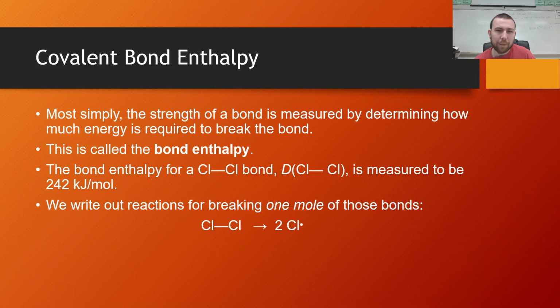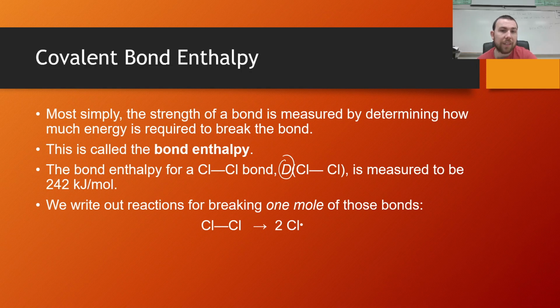For example, the bond enthalpy for a chlorine-chlorine single bond, which you'll find in the text represented by a D, is measured to be 242 kilojoules per mole. So 242 kilojoules of energy are added, and if it's a mole, it's going to break apart the Cl-Cl single bond.